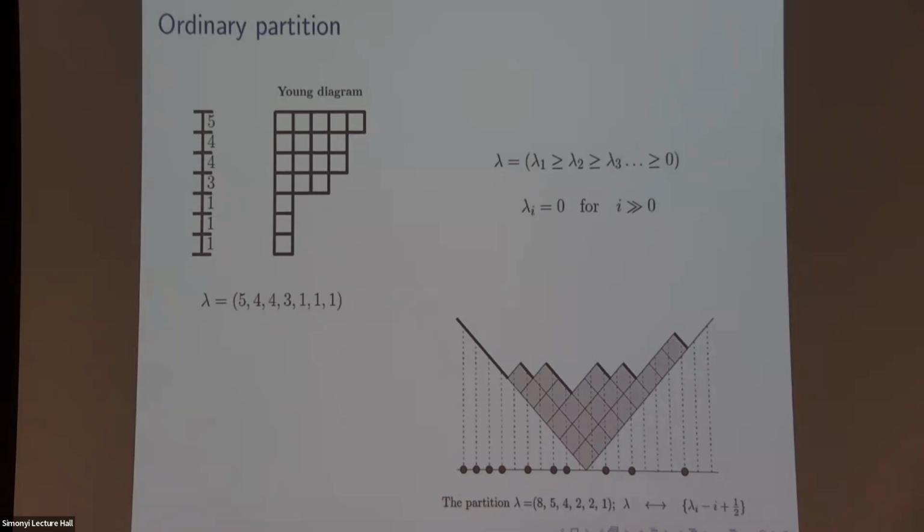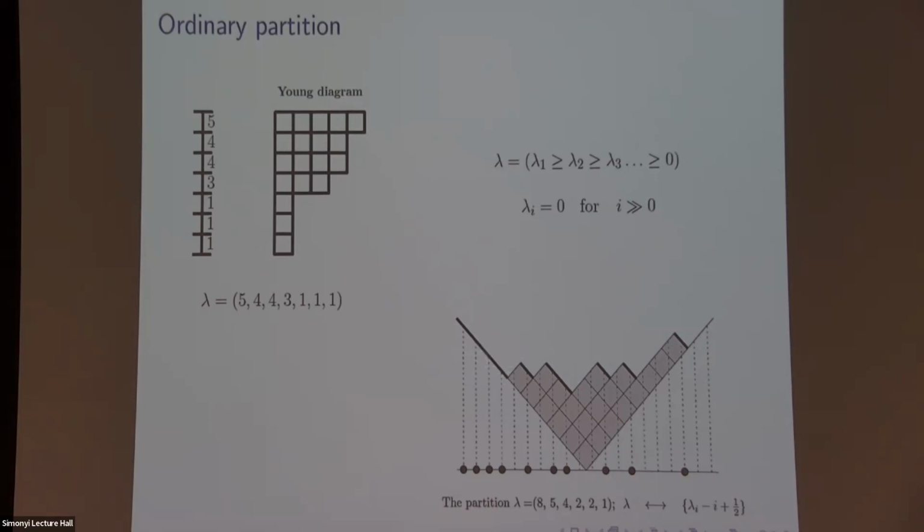Here is another way to represent partitions. One can think about it as a particle system. You can simply take a Young diagram and rotate it by 45 degrees. And then we can think about the boundary of this Young diagram. Then there are edges of two types. They're either in the (1, -1) direction or the (1, 1) direction.